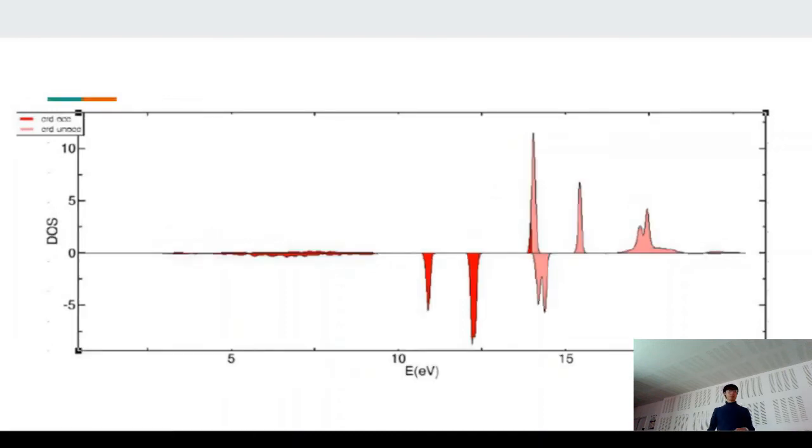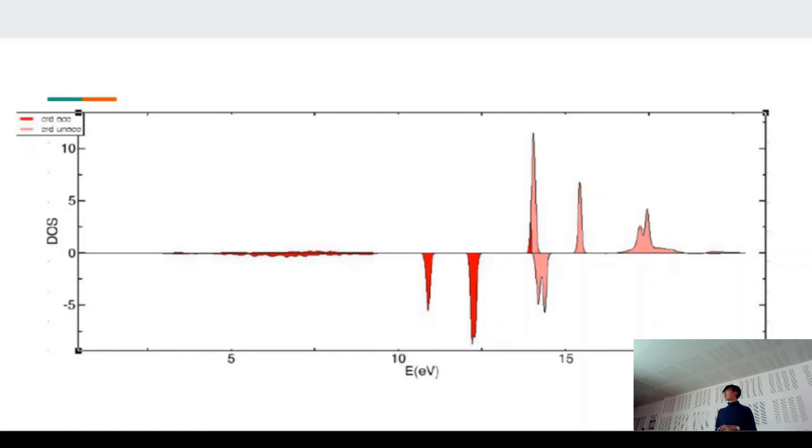And when we flip the spin of the chromium atom, we have 2 electrons spin pointing down, and we have 1 electron spin pointing up. So there is a reason why we see a red, occupied here and an unoccupied here. Professor Peter actually gave an explanation why this happens.